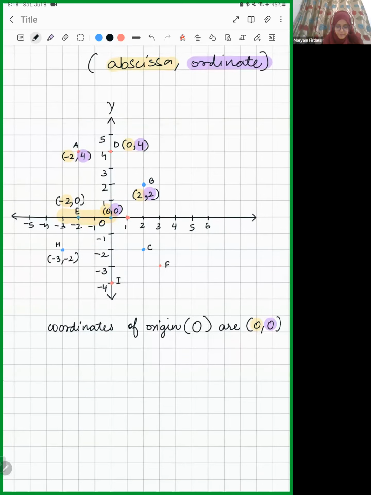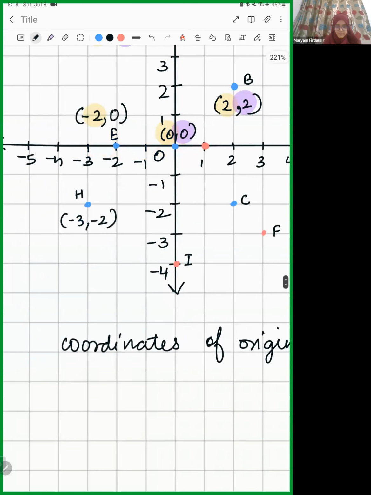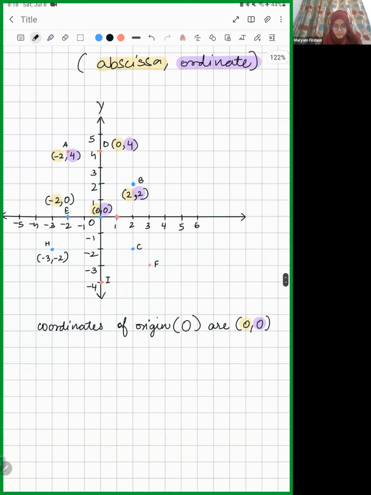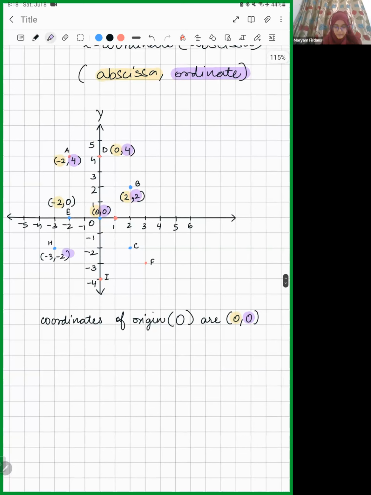Okay. Now Abdul Rahman, your turn. Point C. First you have to move in the x direction, always remember. So first, you have to move 2 units in the positive x direction. Good.